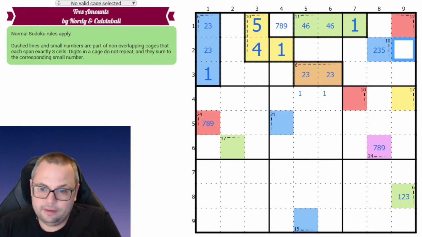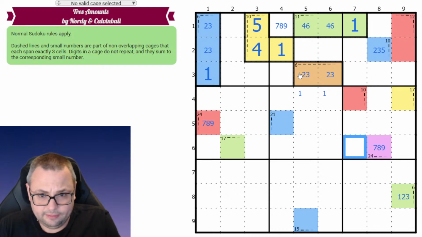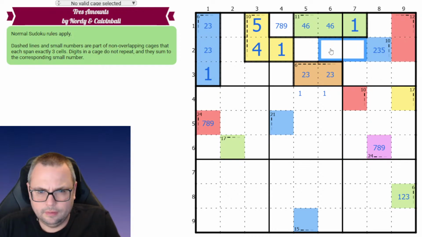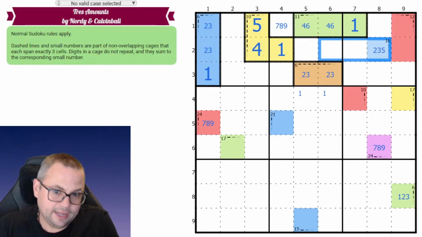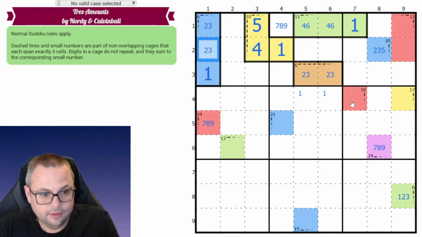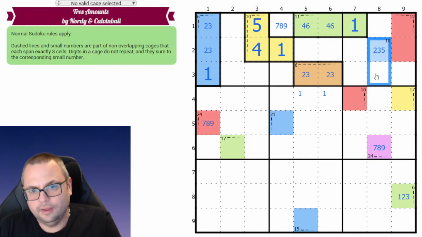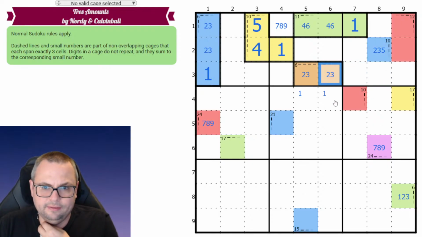This cell is always red, by the way, because the red cage probably has to take some cells at some point in its life. Okay, the blue cage can't go entirely this way, because if the blue cage goes entirely this way, then I break that cell. And we can't take 2 cells in this row, or we have to put both 2 and 3 in this cell.